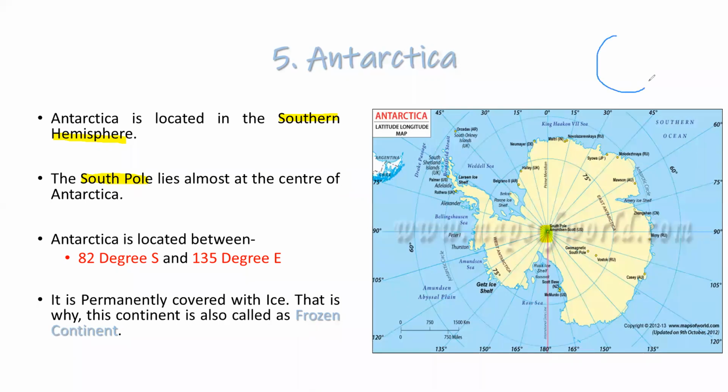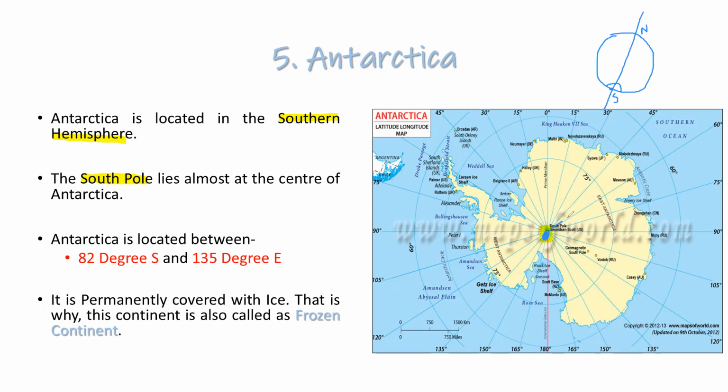So if I draw our Earth, if this is our Earth, this is the North Pole, we know, and this is the South Pole. This we know as the South Pole. Now imagine our Antarctica is exactly here, and the South Pole is exactly at the center of Antarctica.